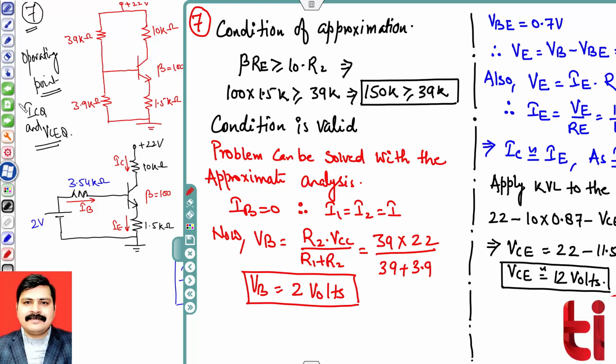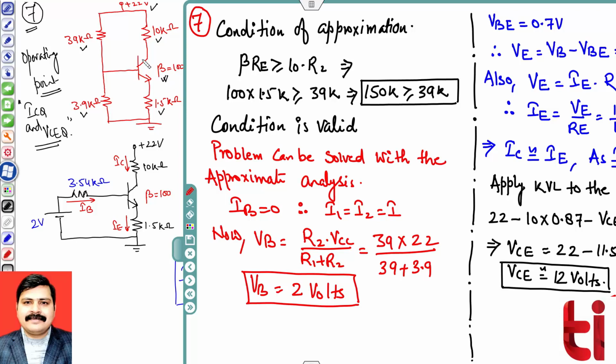Values are given as VCC is 22 volts, R1 is 39 kilo ohm, R2 is 3.9 kilo ohm, load resistance 10 kilo ohm, emitter resistance 1.5 kilo ohm, and beta is 100.